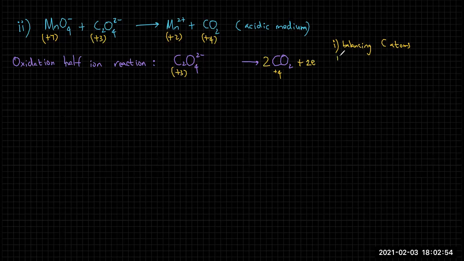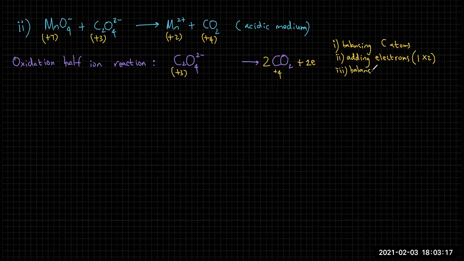So second one, adding electrons. So electrons we added here. It was actually 2 into 1, not 1 into 2. The difference is 1 into 2 carbon atoms. And then number 3, balancing charges.